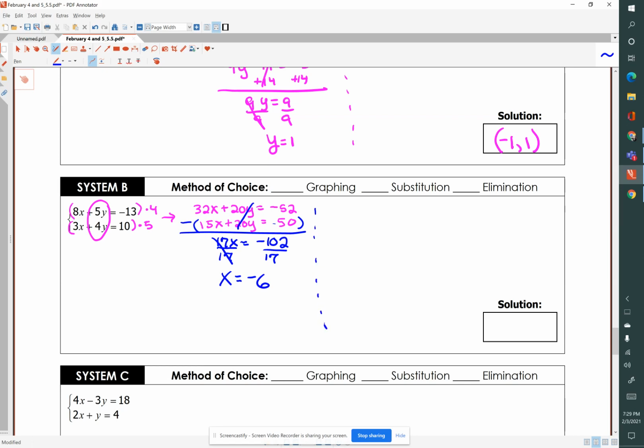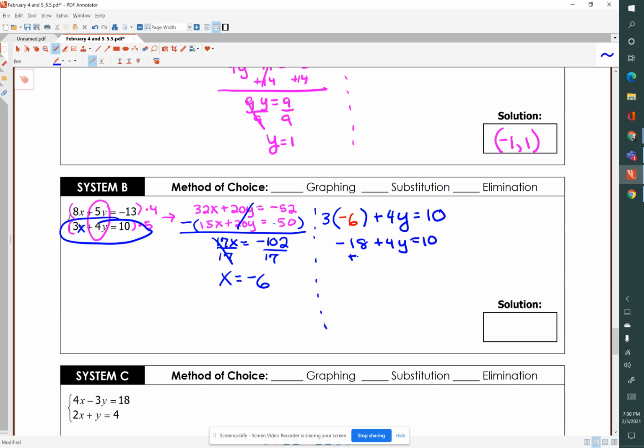Now I will take that negative 6, and I'm going to go ahead and use the second equation. The numbers are a little smaller, and I will substitute x for negative 6. So 3, and there's our substitution of negative 6, plus 4y equals 10. 3 times negative 6 is negative 18, plus 4y equals 10.